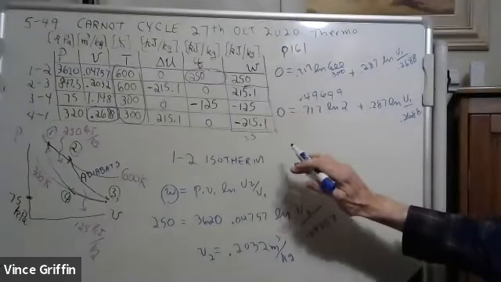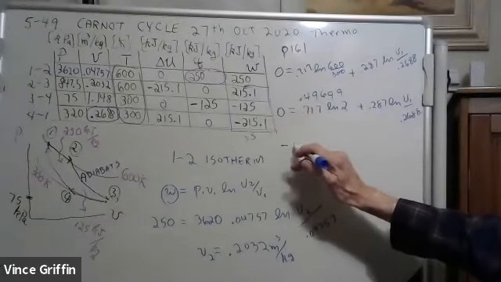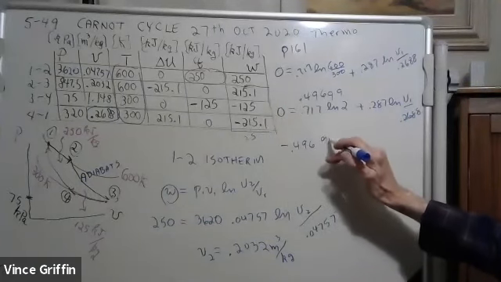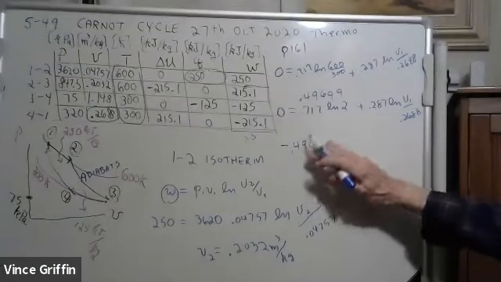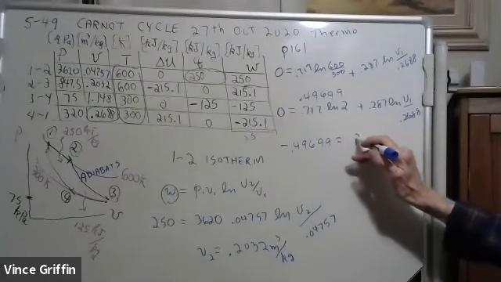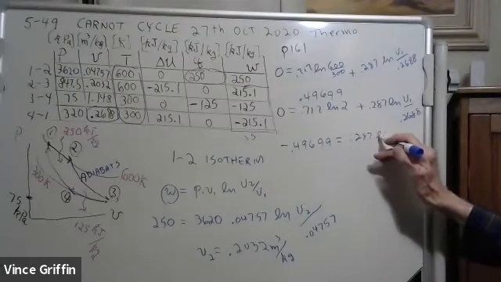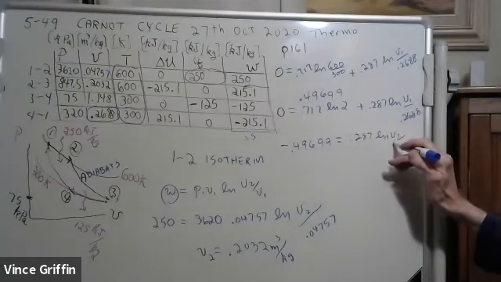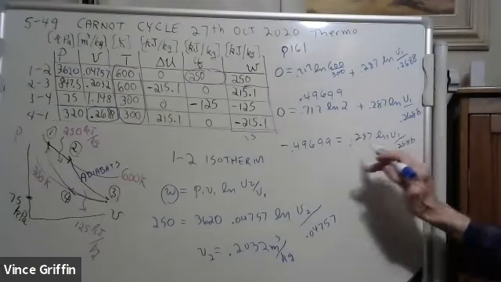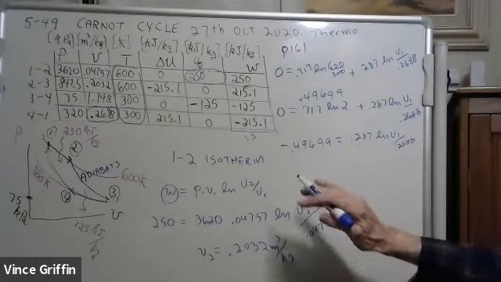When you put it over here, it makes it a minus 0.49699 equals 0.287 natural log of V1 over 0.2688. Okay, now I'm going to divide by 0.287.